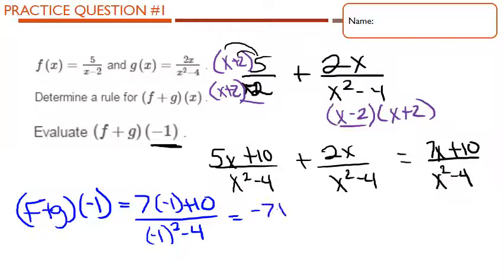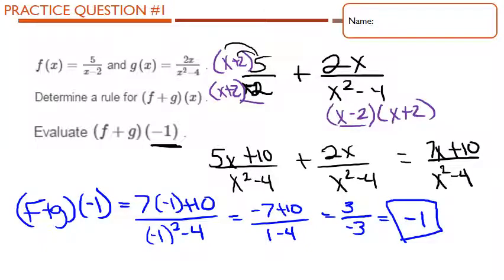I get negative 7 plus 10 all over 1 minus 4. So it looks like I get a negative 3 on the bottom and a positive 3 on top. So 3 divided by negative 3 is a negative 1. So once you evaluate it, you get a negative 1 as your answer.